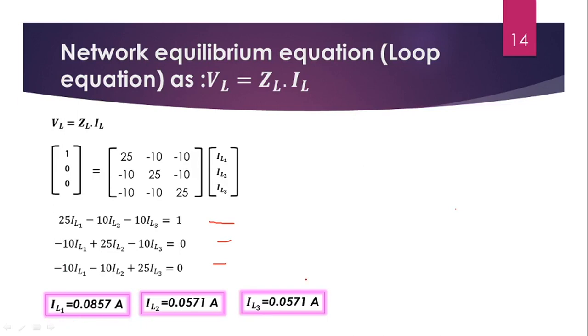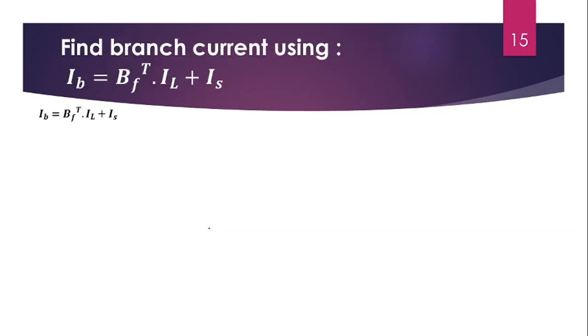So we found the loop currents, and once we find the loop currents we can easily find the branch current and branch voltage. How can we find it? Find the branch current using IB equals B-set transpose into IL plus IS.